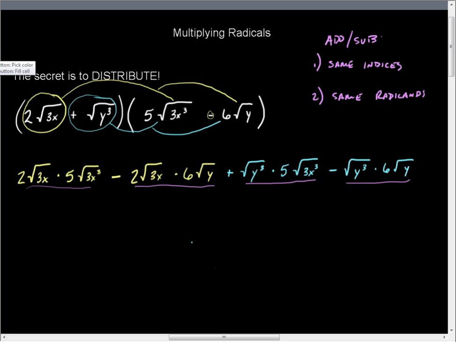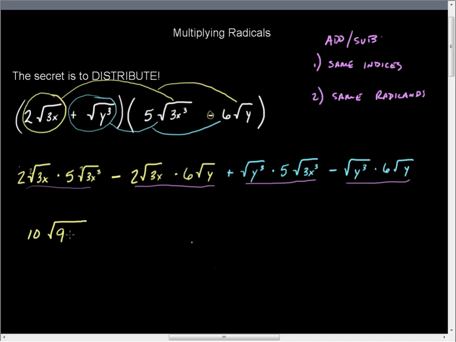For the next step, what we're going to do is go ahead and perform the individual multiplication in the individual terms. And so recall that when you multiply, as long as you have the same indices, like you have a square root and a square root here, then you multiply the things inside. And so I'm just going to simply do that. 2 times 5 is 10. Now I have the same index for both radicals, and so I'm going to multiply the things inside underneath the radical.